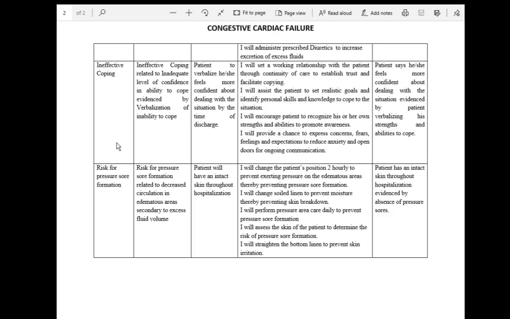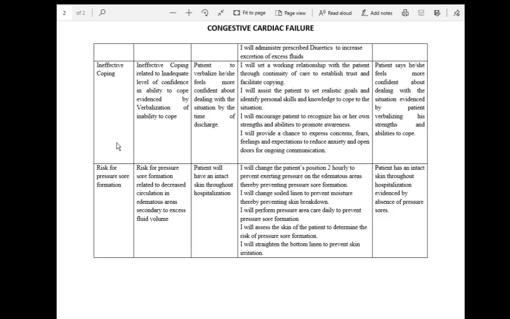So how are we going to evaluate our patient? The patient says he or she feels more confident about dealing with a situation, evidenced by patient verbalizing his strengths and abilities to cope. So here we are saying at the end of these interventions, after putting these interventions in place, the patient will say he or she feels more confident, they feel more comfortable, they feel that they can now handle and cope with this situation.